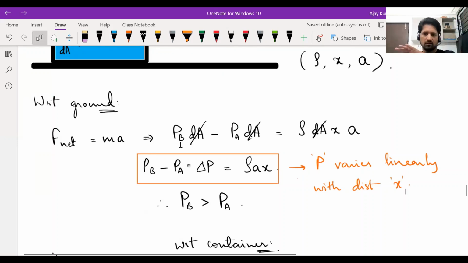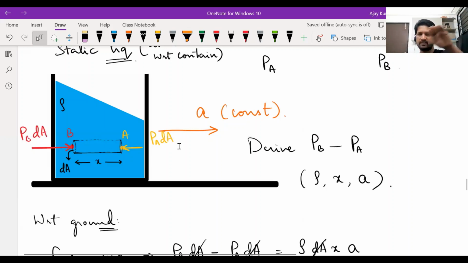Vertical variation is linear, horizontal variation is linear, so the surface will be a linear surface. When you look from the side, it looks like a straight line. Actually, it's a flat, two-dimensional surface. So suppose this is the free surface of the liquid, it tilts like this. It's still a flat surface, but it's tilted. When you look at it from the side, you just see the line.